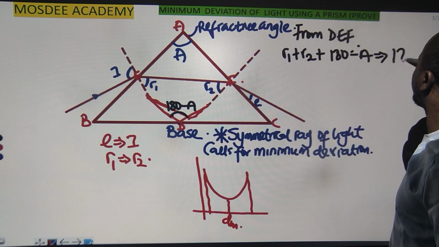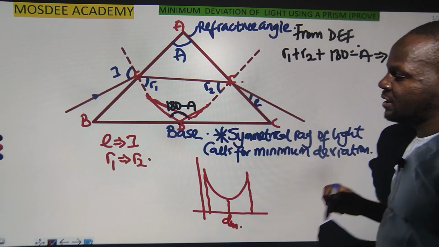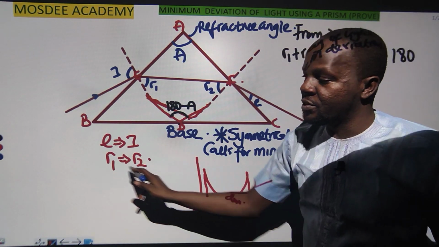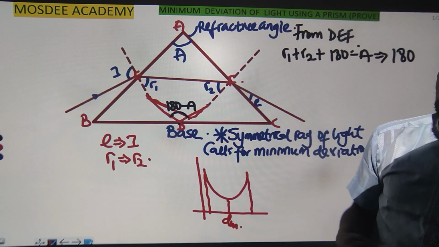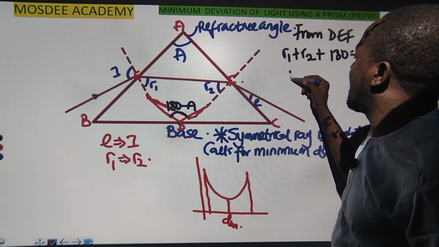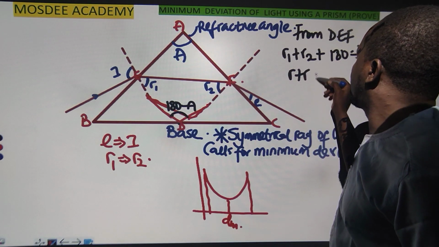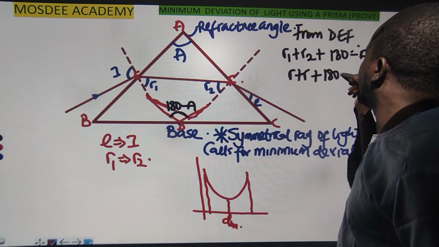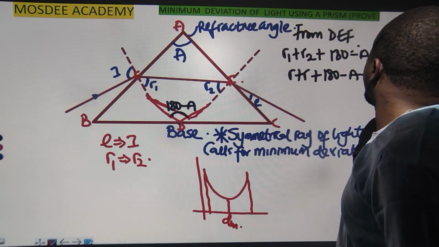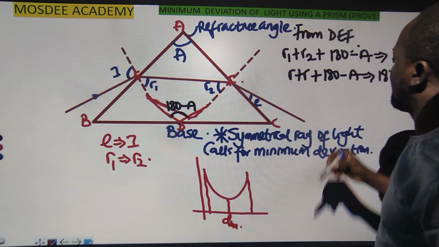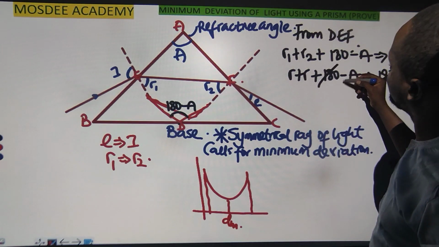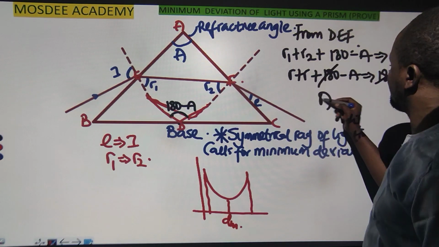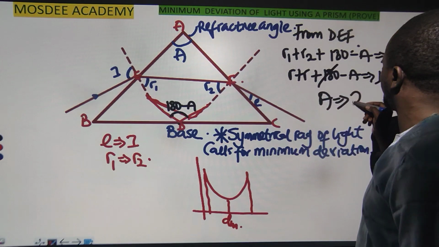Recall, for minimum deviation to occur, R1 must be equal to R2, so the R's are equal. So we can just say R plus R plus 180 minus A is equal to 180. What happens? 180 gets cancelled out. We can now move this negative A to the other side. Say A is equal to R plus R, which is 2R.